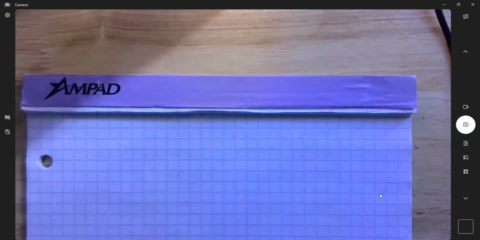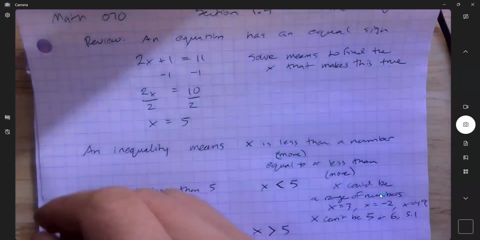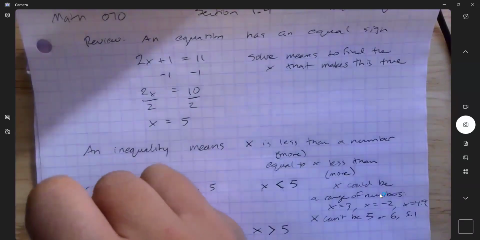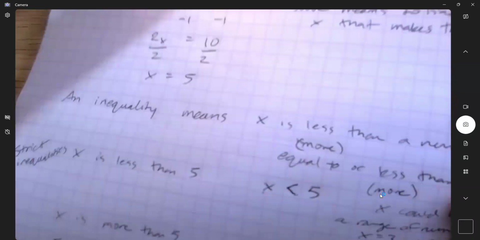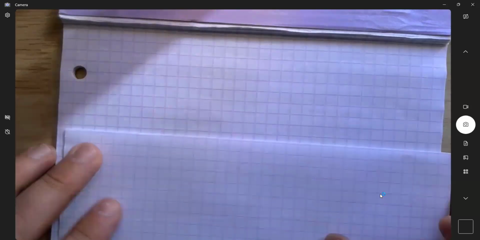Those are what are called strict inequalities. Write that down. These are strict inequalities because they have to be either more or less. They can't be equal.